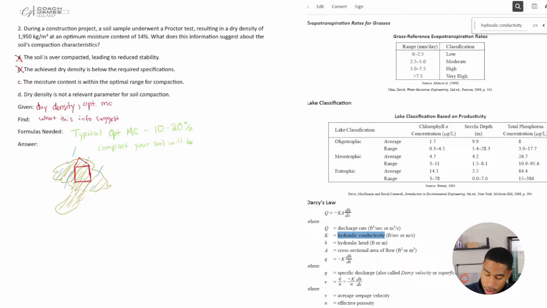Yes, right. And then dry density is not a relevant parameter for compaction. That is false. It is relevant. Alrighty. So we get C for number 2.